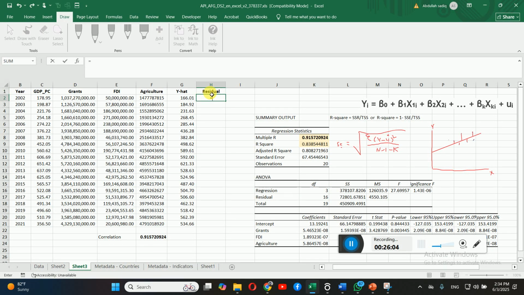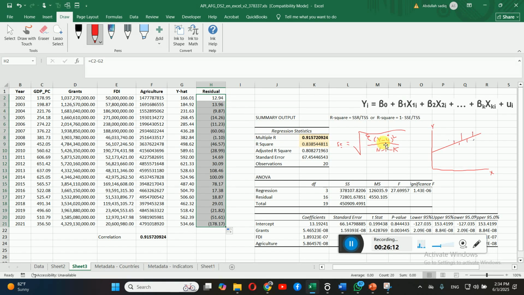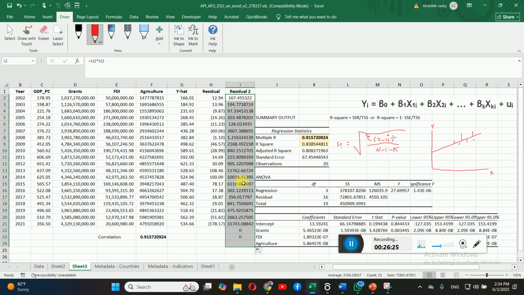From the actual value, when you subtract the y hat which is predicted, this gives you the residual, right? And then the residual should be squared. Simply, the residual value should be squared, so equal sign, this value multiplied by itself. Okay, drag it down, dear students.